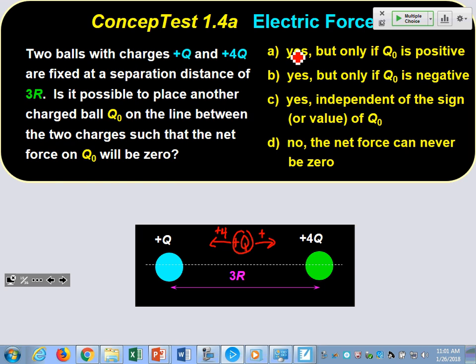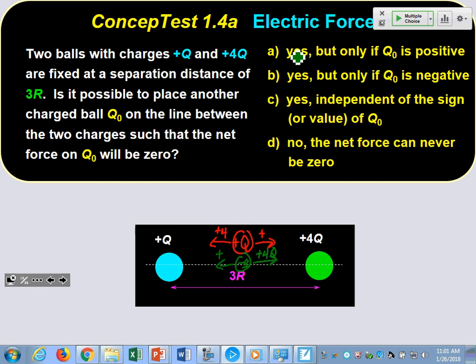But what if it was a negative charge? Then it would be over here, I would have the force due to the positive Q charge, and then over here I'd have the force due to the plus 4Q charge. So it doesn't matter if it's positive or negative. I can still get a net force of 0 in between those two charges.